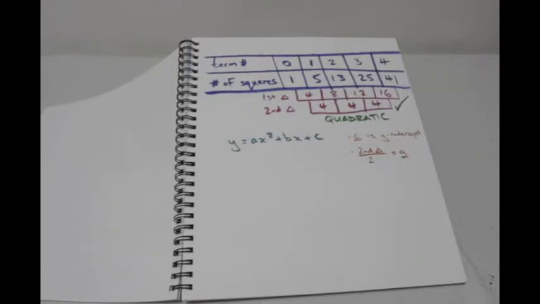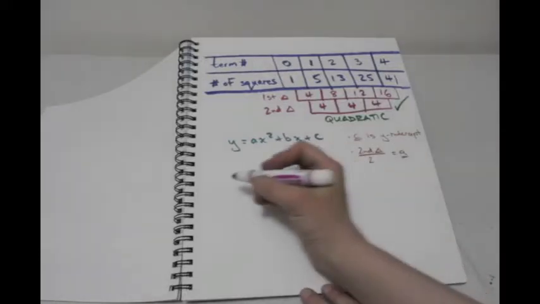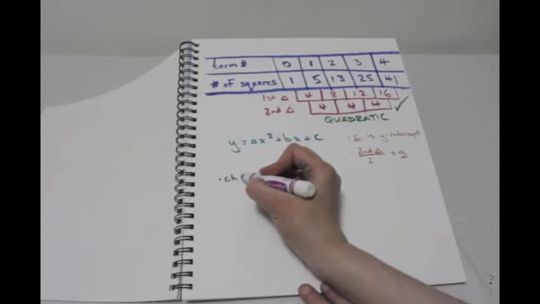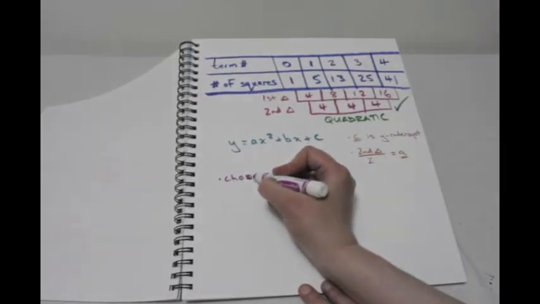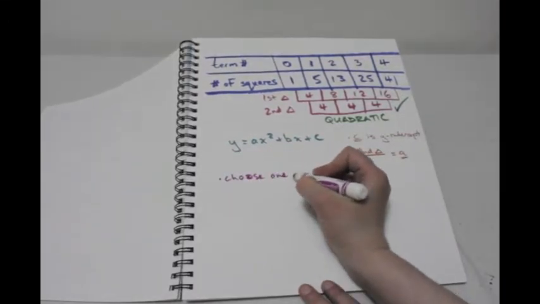Let's do what we can. I'm going to choose 1 point and substitute that. I think I'll pick 1, 5. So choose 1 point and substitute.